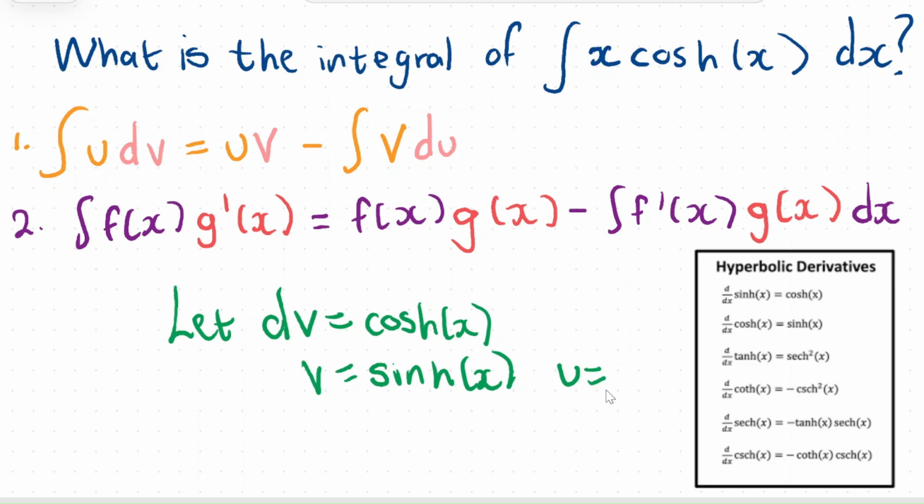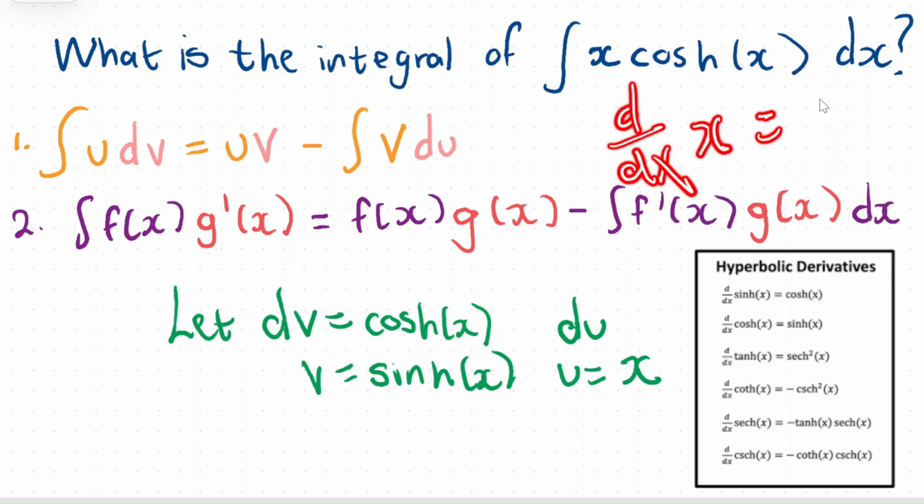Since we said x times cosh of x, and we've defined dv to be cosh of x, we're going to define u, which is the only one remaining, to be x. And then du would basically be d over dx of x, which is equal to 1. So let's write that down.